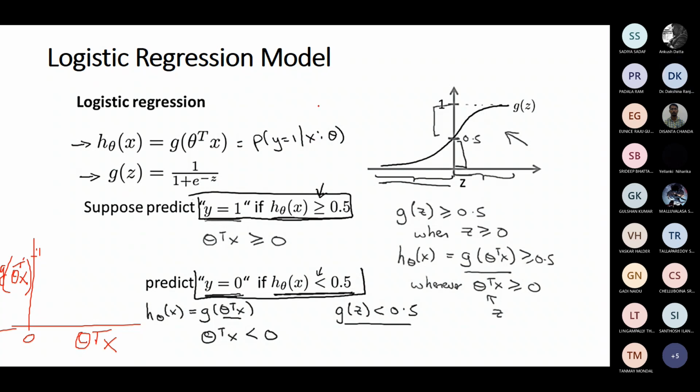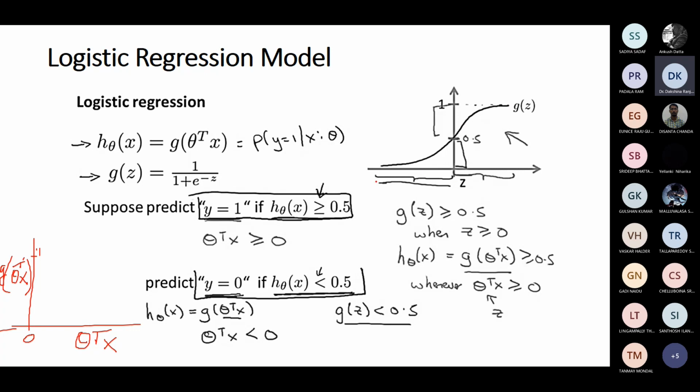Now if we see how the logistic function or sigmoid function looks, we could have a curve. We can see that this curve is asymptotic to 1 on the positive side of z.